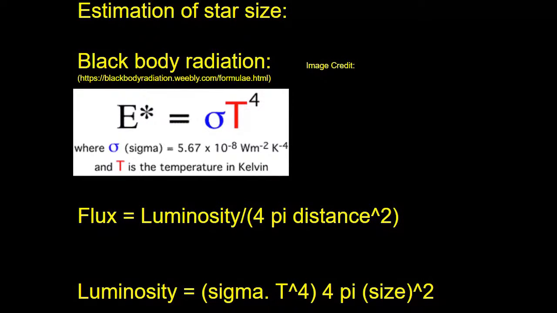Thereby, the amount of radiation that a unit area on the photosphere will be emitting per unit time will be given by the Stefan-Boltzmann law. So a unit area of the photosphere will be emitting radiation sigma T raised to power 4 per unit time. Okay?